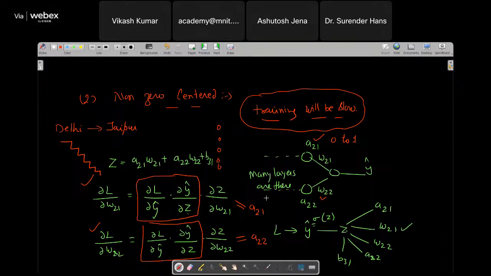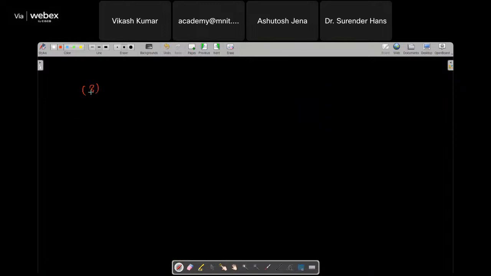Okay, fine. So that is the second disadvantage. Now the third disadvantage: sigma of x is equal to 1 upon 1 plus e to the power minus x. Computationally this activation function is expensive, just because of the exponent.